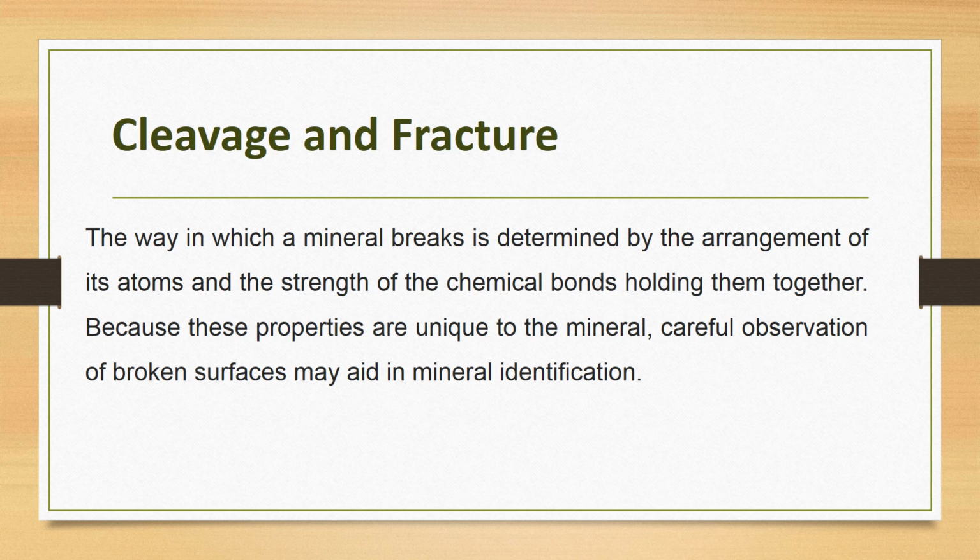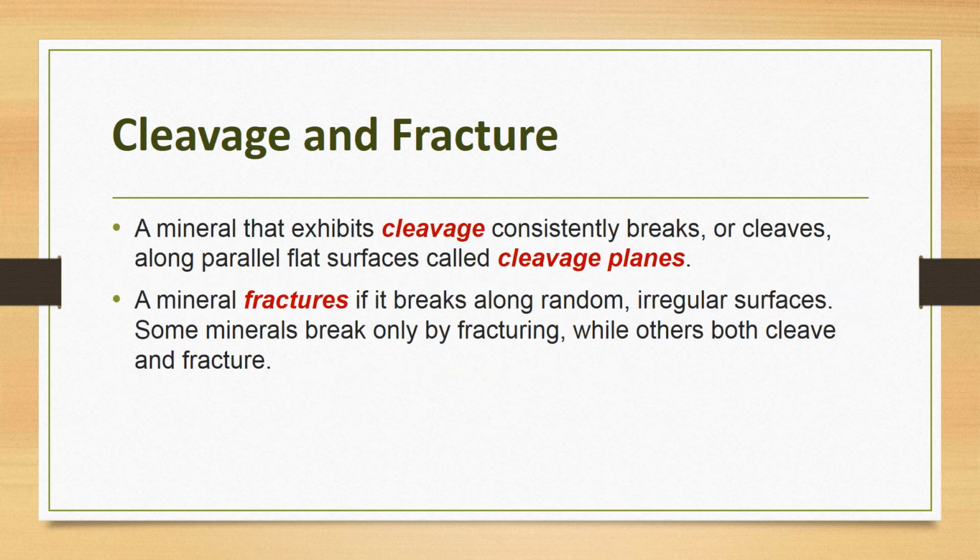So we call it cleavage if we press on those planes. A mineral that exhibits cleavage consistently breaks along parallel flat surfaces called cleavage planes. Fracture is when the mineral breaks randomly, not along those cleavage planes.